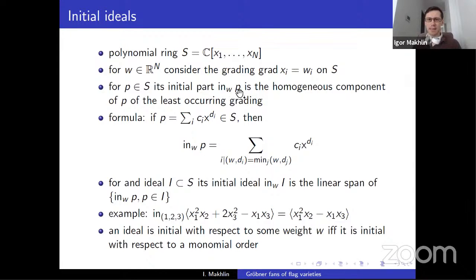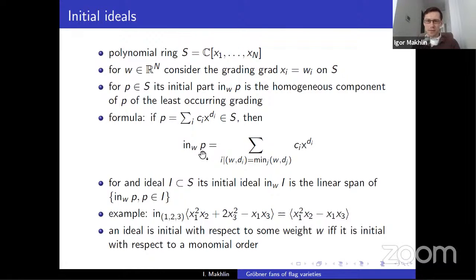It's denoted like this, and so what this means is that if we have a grading on the variables, every monomial occurring in P has some real grading, and out of these we can choose those monomials which have the least occurring grading, and the sum of these monomials will be the initial part.